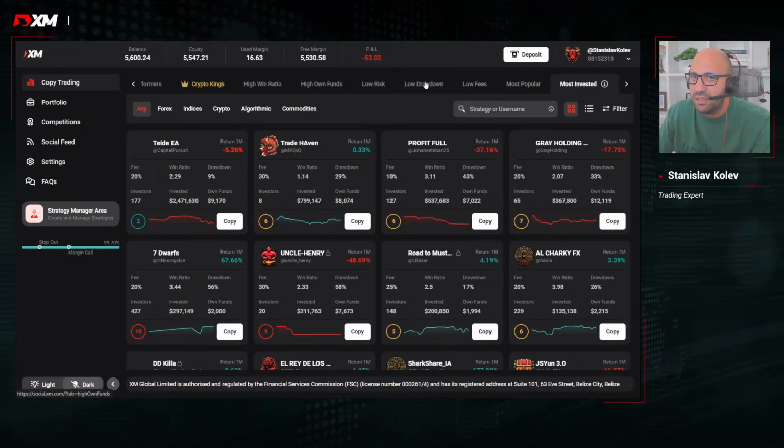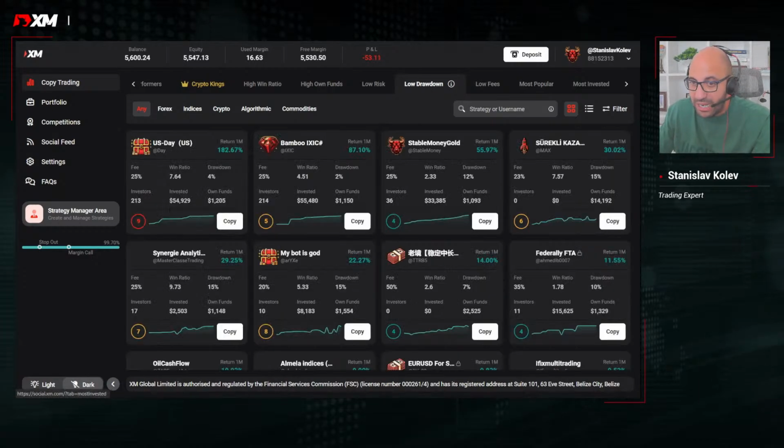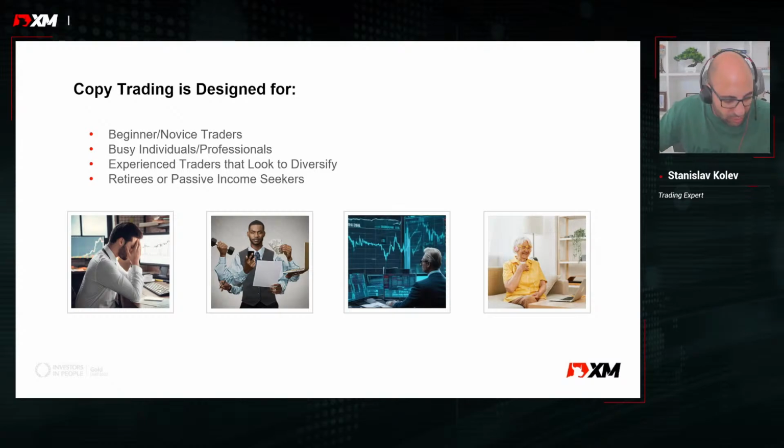Let us select the low drawdown option. And I think that with the low drawdown option, now we're going to combine two different segments. First is experienced traders, and the other one is retirees. If we're a retiree, we rather look for some low drawdown.